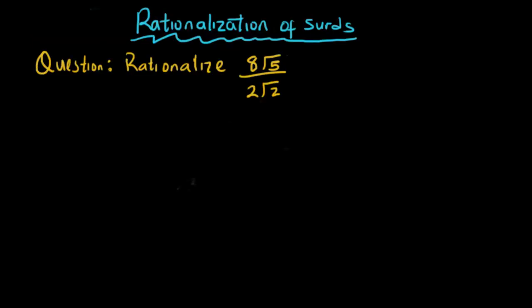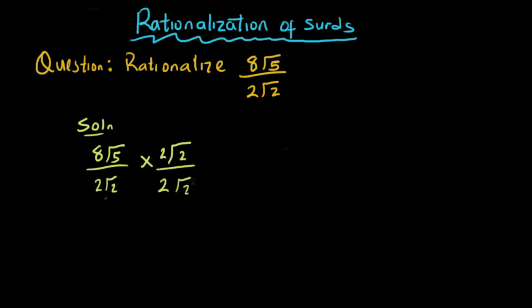Now we are told to rationalize this surd: 8 root 5 over 2 root 2. Remember, you always rationalize anytime you have a surd in the denominator. Now we multiply by the fraction of the denominator, so 2 root 2 over 2 root 2.